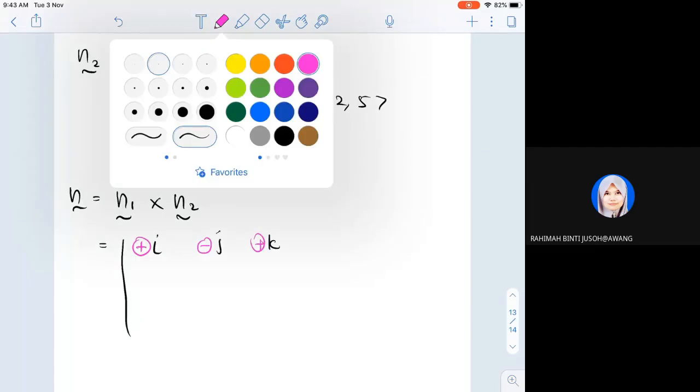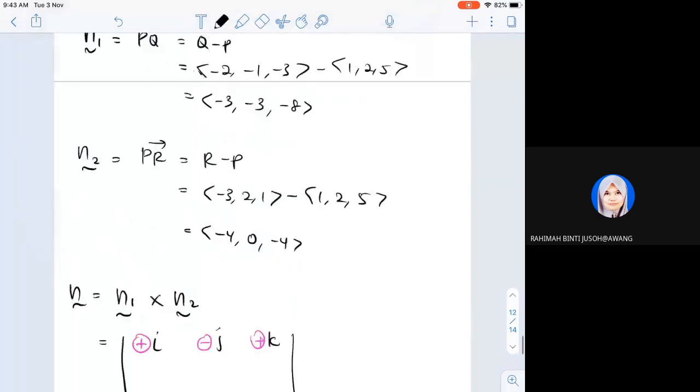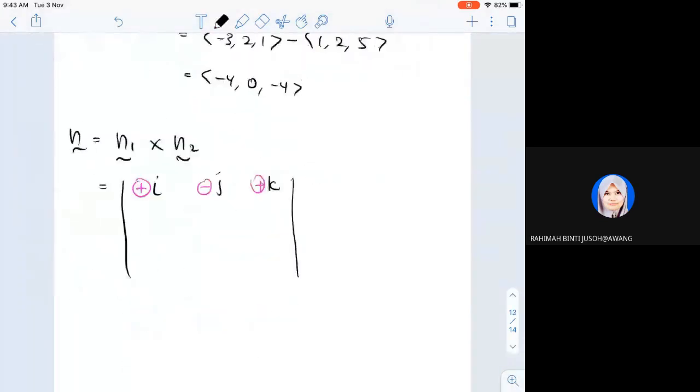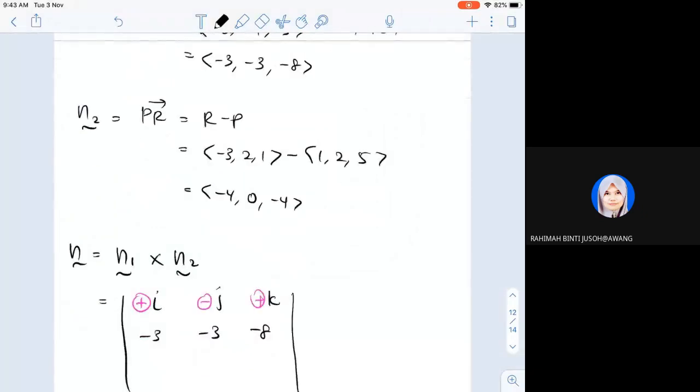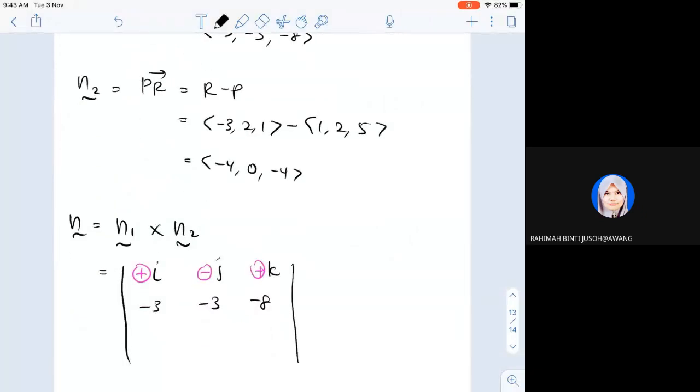Cross product. So, the first column should be the vector of n1, -3, -3, -8. And then the second column should be -4, 0 and -4. Okay, jom kita start.